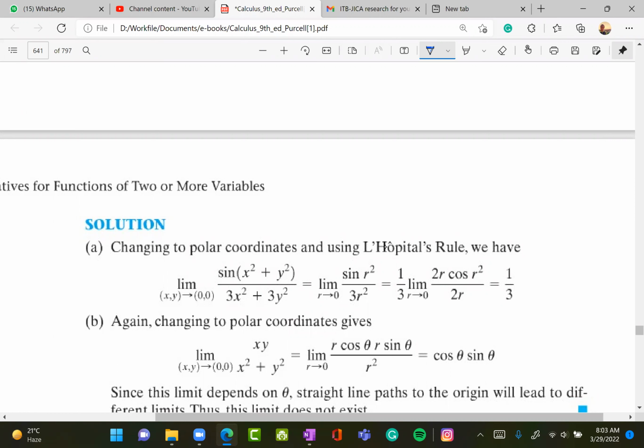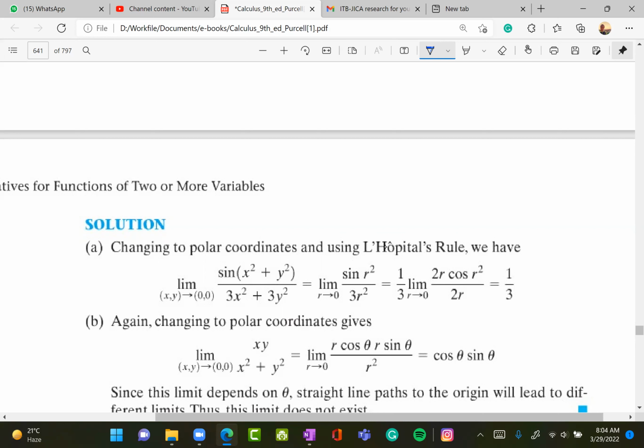You can take the 3 out and get this form. In this case, r squared equals x squared plus y squared. So in the end, you have something like this, just 1/3.